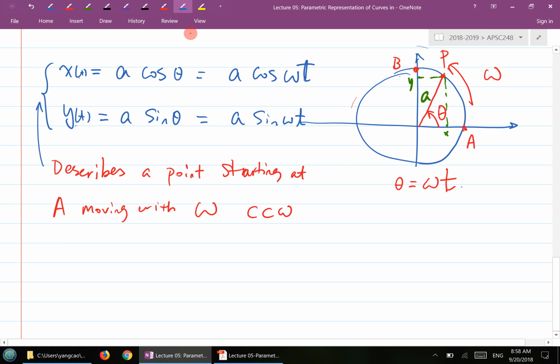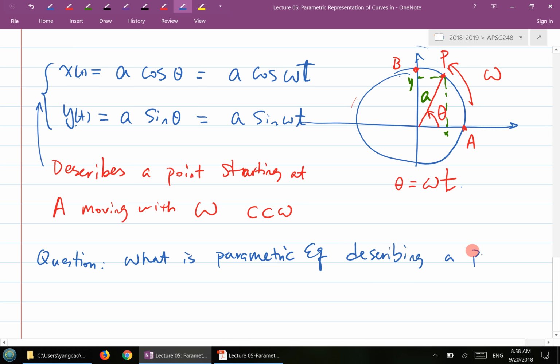So here's the question: what would be the parametric equation for describing a point starting at B and moving with constant velocity omega, same thing, counterclockwise?